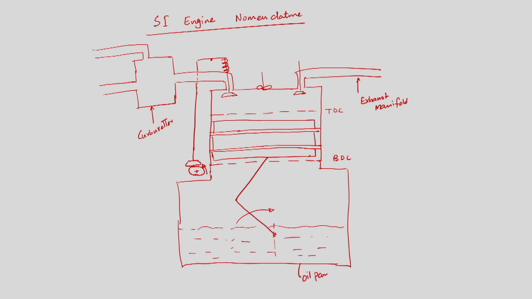This is the valve, valve spring, this is the valve stem, this is the rocker arm. So this is the valve spring. This is the valve stem, this is known as the spark plug, and this is the exhaust manifold through which exhaust gas goes out from the engine cylinder.